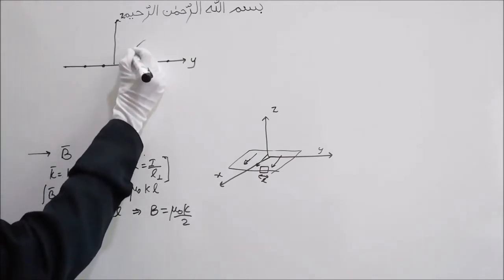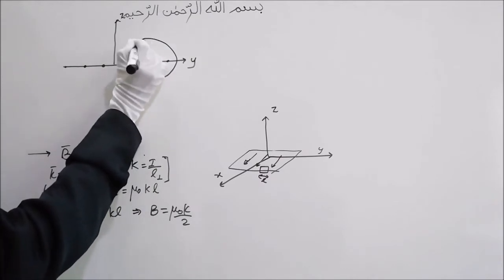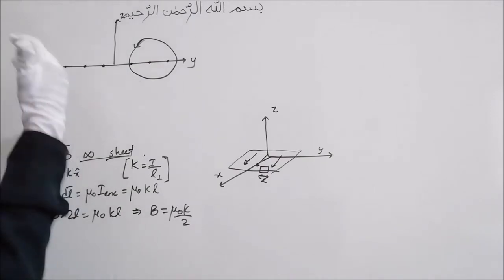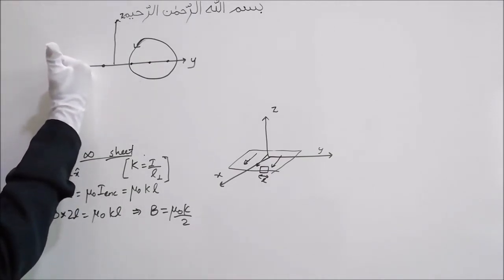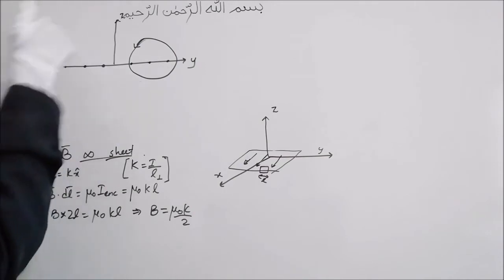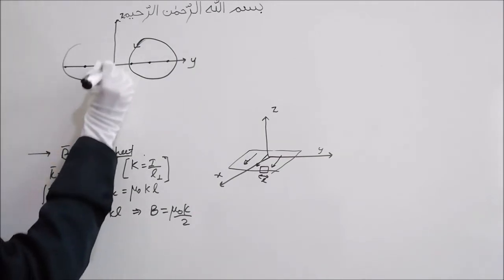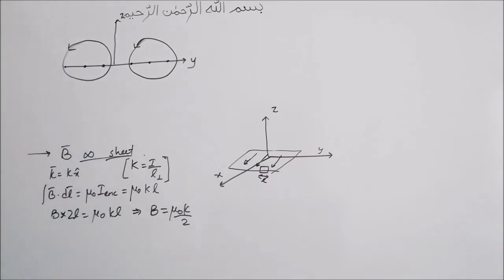So if you consider one current, then the magnetic field in this region is going in the anti-clockwise direction. If you consider this part also, current in the outwards direction, curl your fingers, the magnetic field is going like this. So in this region also, the magnetic field is going in this direction.